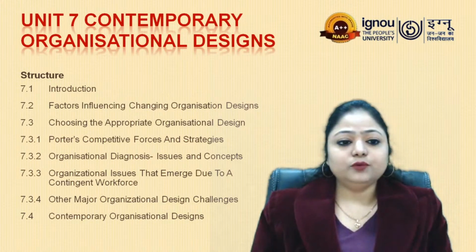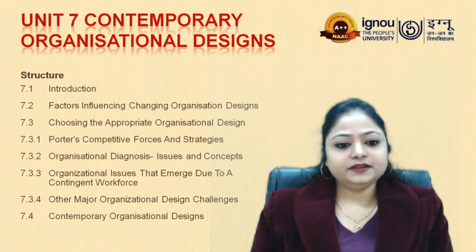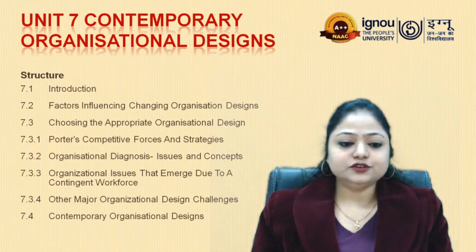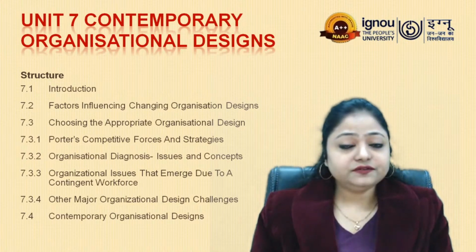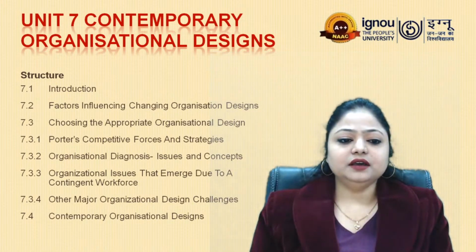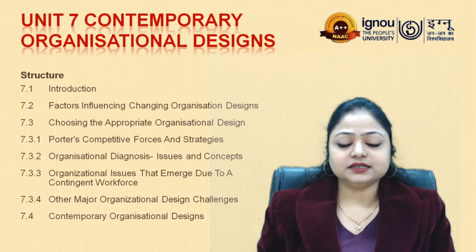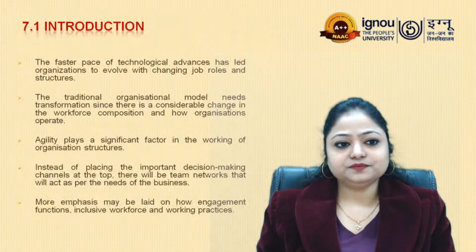And how does Porter's competitive five forces model help us to analyze what kind of organizational design we should have? Then, the issues being faced due to the emerging contingent workforce and other major organizational design challenges will be discussed in this particular unit.